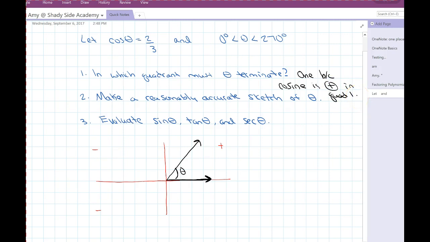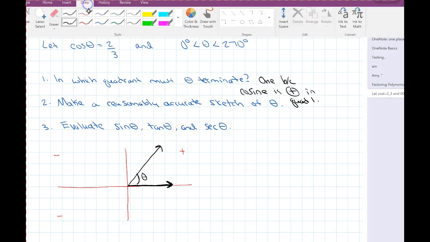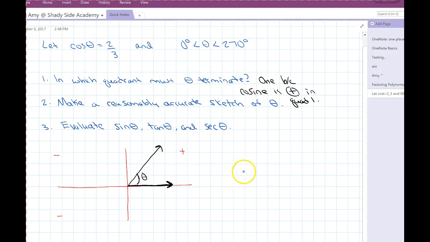Okay, part 2, make a reasonably accurate sketch of theta. All right. And now what I'm going to do is the following. When I look at question 3, it says evaluate sine theta, tan theta, and secant theta. And I want you to think about something here. If you know that the cosine of theta equals 2/3, is there a way that I can incorporate this information into this drawing somehow by perhaps superimposing a right triangle?